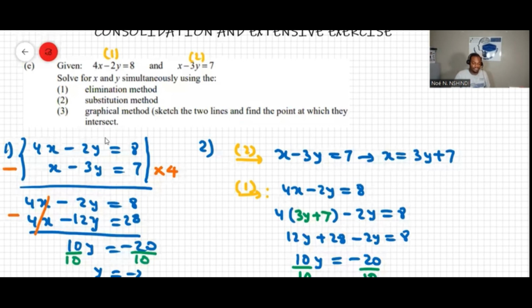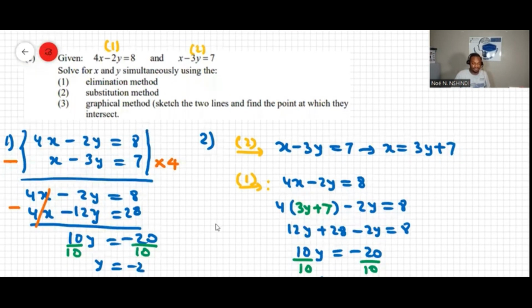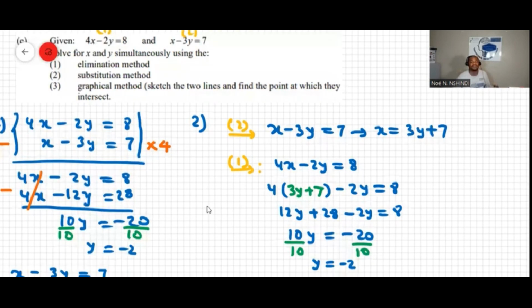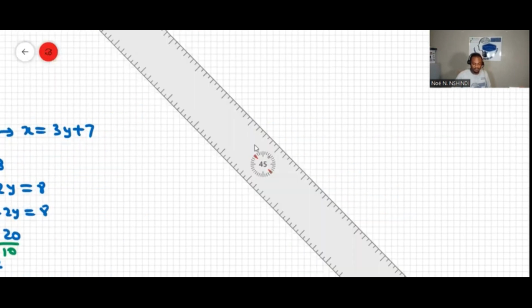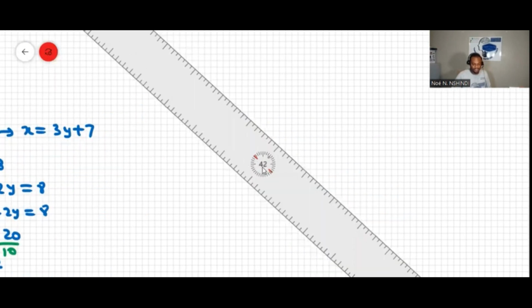And question 3 says the graphical method. The graphical method consists of first finding the intercepts. Now let's first draw the Cartesian plane. I'm going to do the Cartesian plane.